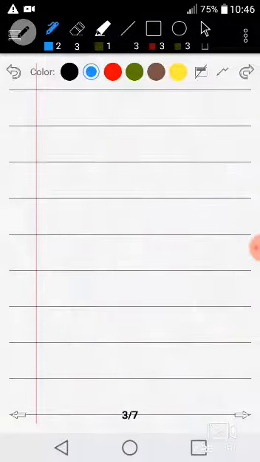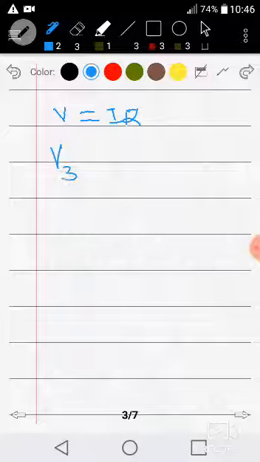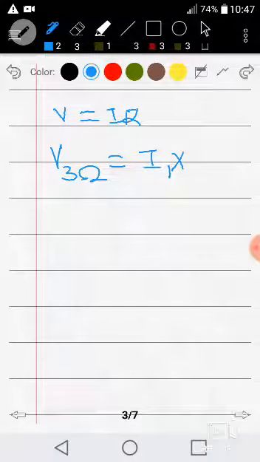The voltage across each resistor should be equal to I, the current passing through that resistor, times the resistance. For example, the voltage across the 3 ohm resistor should be the current passing there, which is I1, times the resistance, which is 3 ohms.